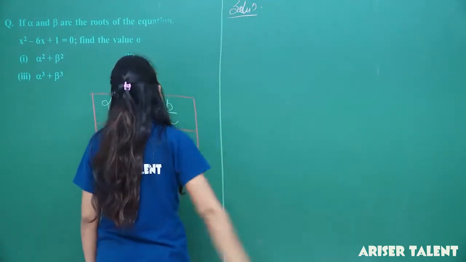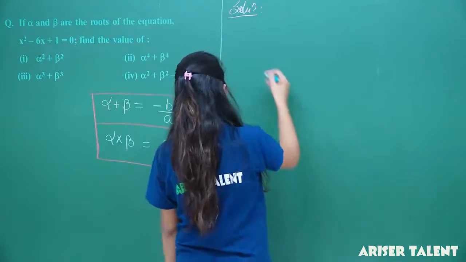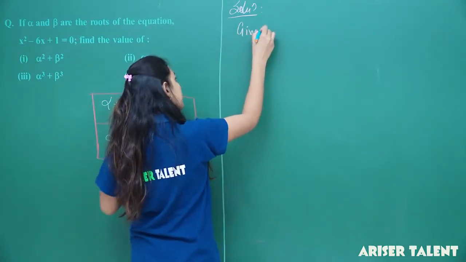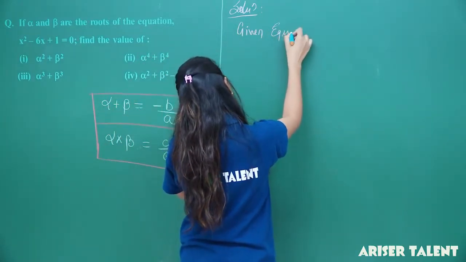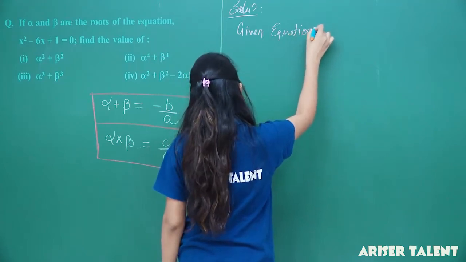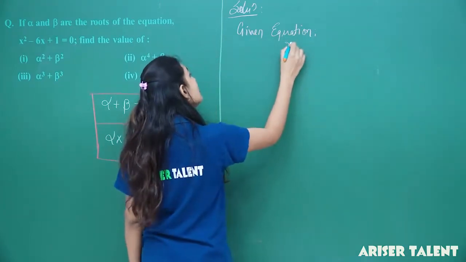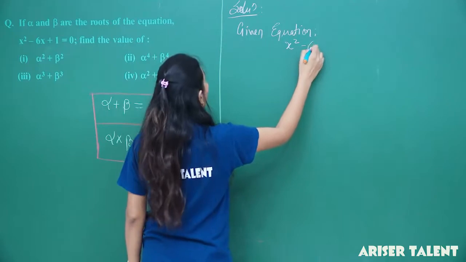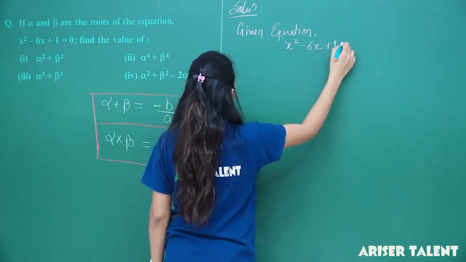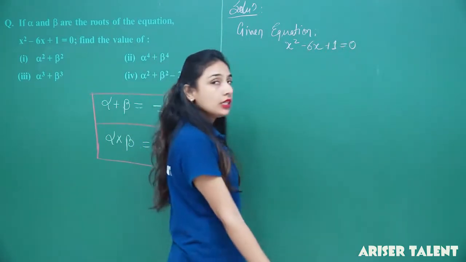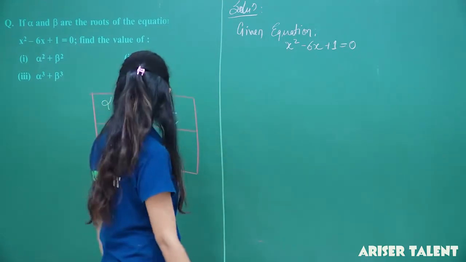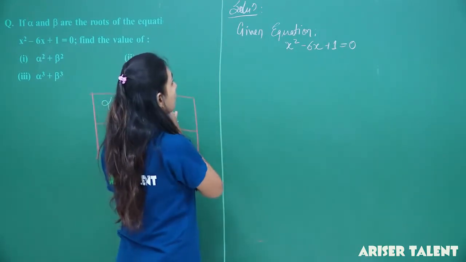Solution. Now, I am having the given equation. What is the given equation, students? The given equation is x square minus 6x plus 1 equals to 0. Okay. Now, I have to find out the values.